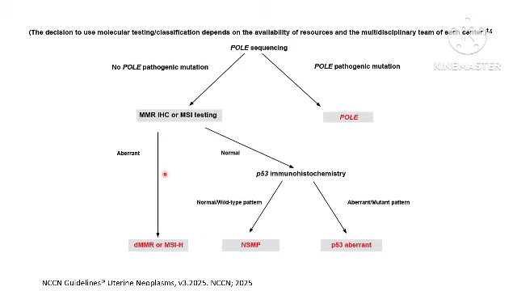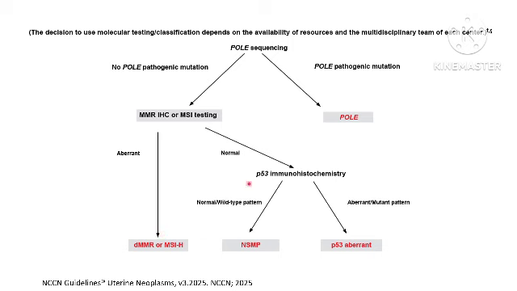As per the recent NCCN guidelines, one has to start with POLE sequencing. If a POLE pathogenic mutation is found, classify as POLE subtype. If no POLE mutation is found, proceed to MMR IHC or MSI testing. If it is aberrant, classify it as dMMR or MSI-high subtype.